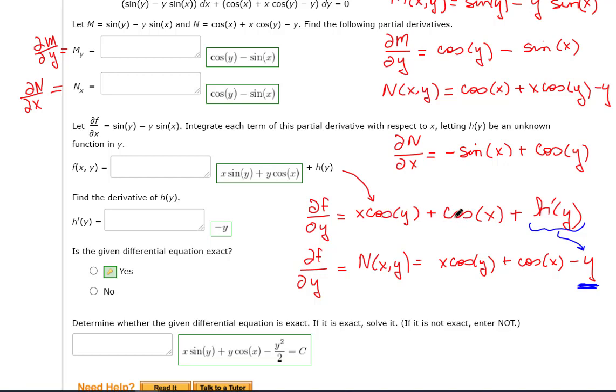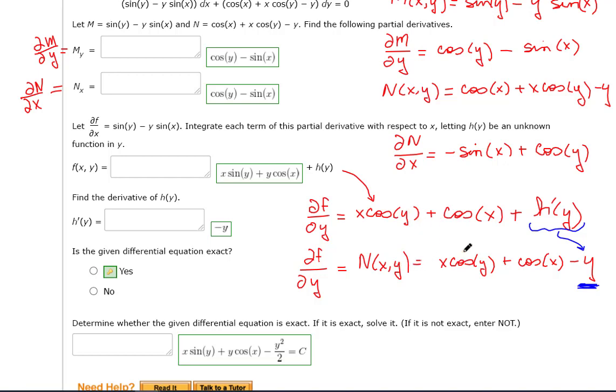The derivative of y times the cosine, this is a constant, so I get cosine of x plus h prime of y. But the derivative of f with respect to y is supposed to equal n.